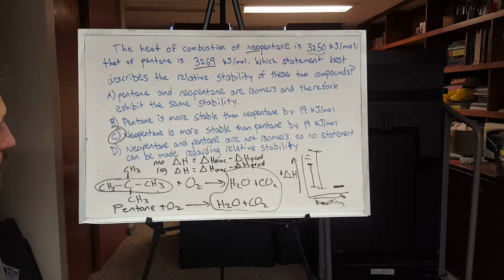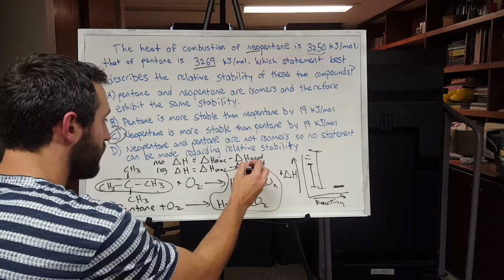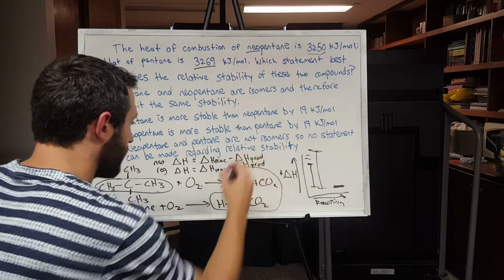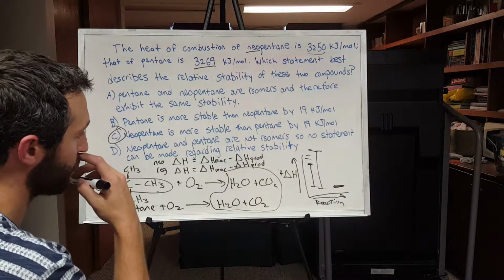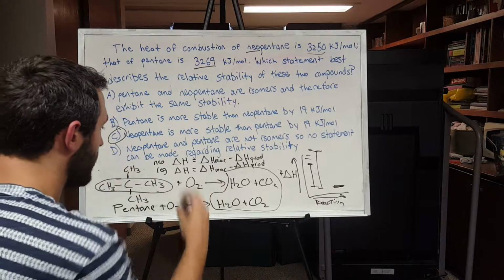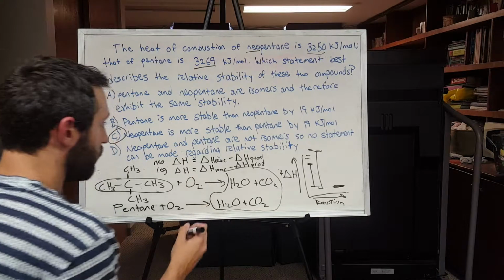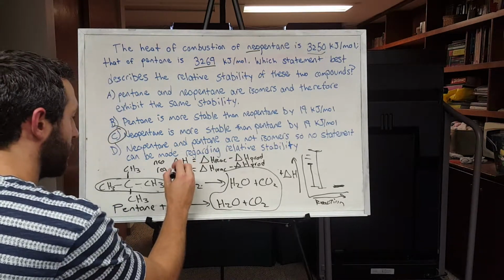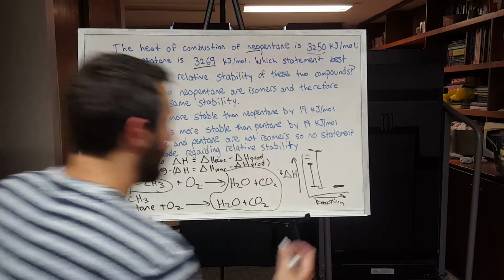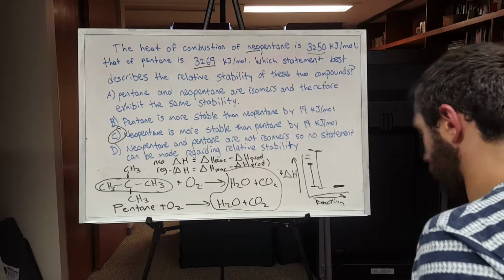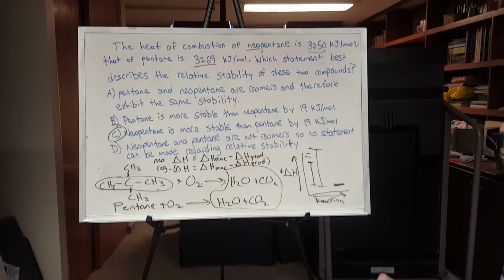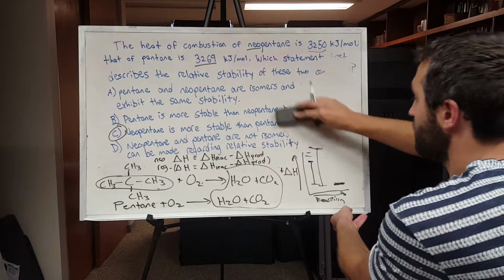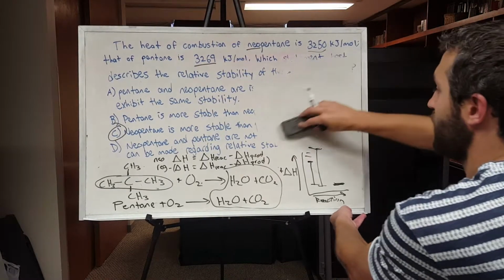I'm just figuring this out by myself right now. But these two guys are equal, these are exactly the same. So what we could do is, if we subtracted these two equations, what would we get if we took this guy minus this equation? Answer is going to be C, so you see it there. I'm just messing around at this point.